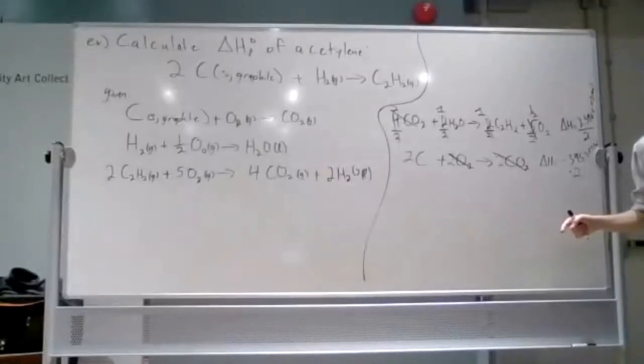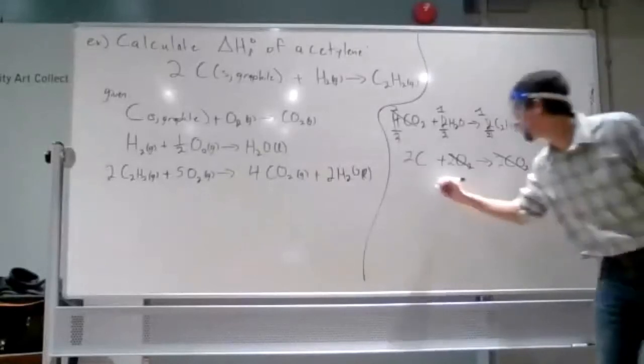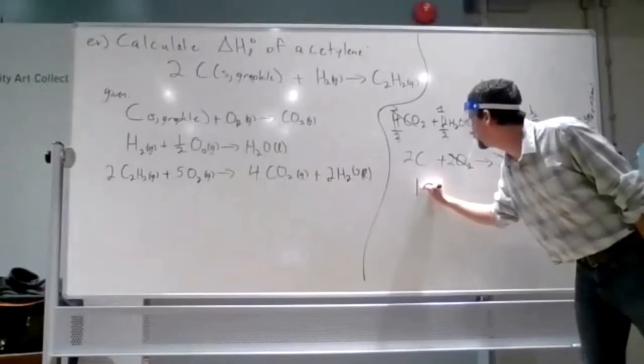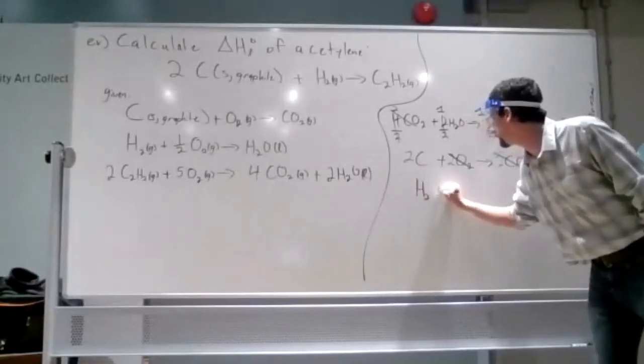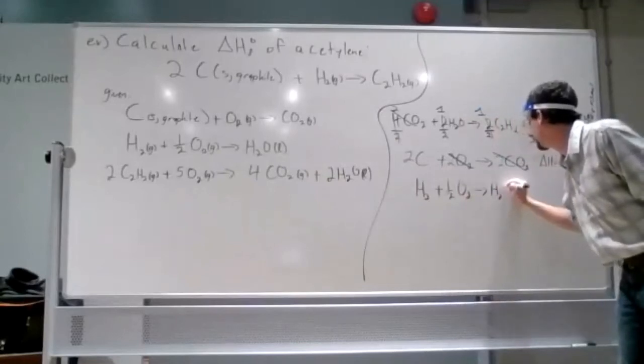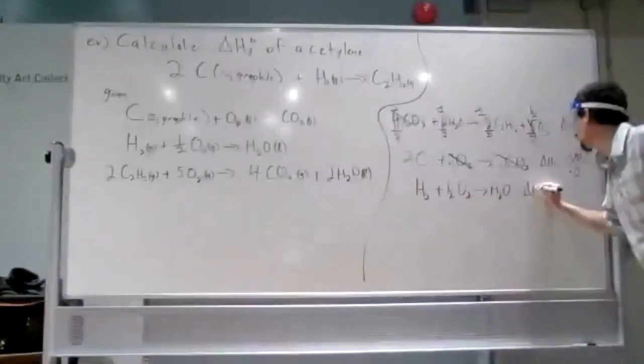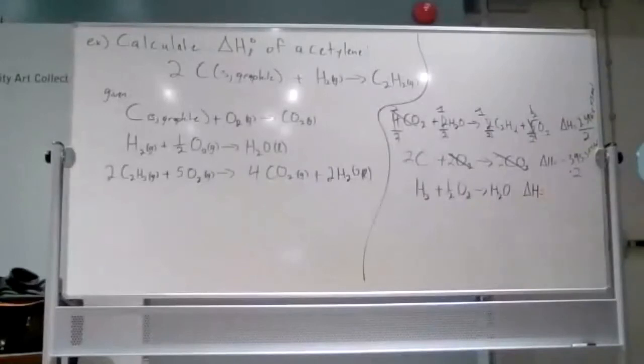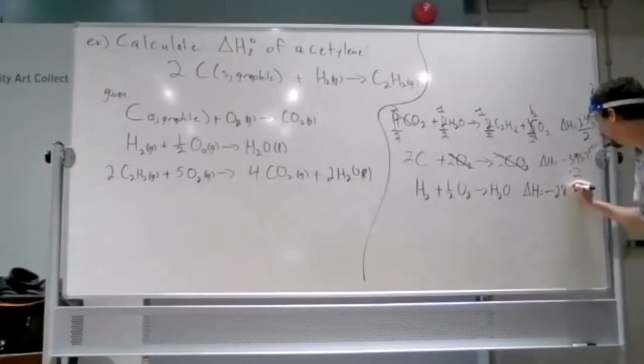Nope. So we get H2 plus 1/2 O2 gets us water. What was delta H for this reaction? Negative 285.8 kilojoules per mole.